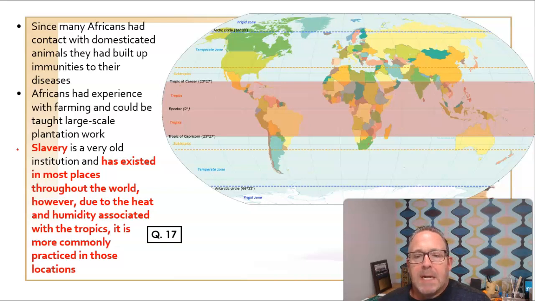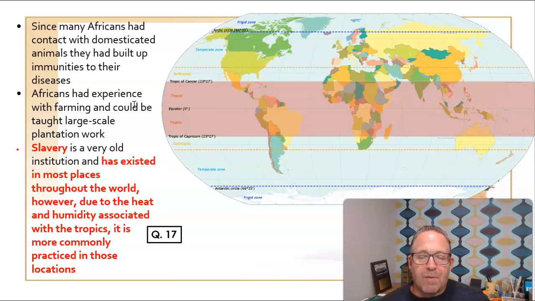But there is some belief that it was concentrated most heavily in the area of the tropics, this belt here. And the reason is believed to be the climate. The heat and the humidity make it very difficult for there to be human productivity, because the body is unable to cool itself when it's hot and humid.